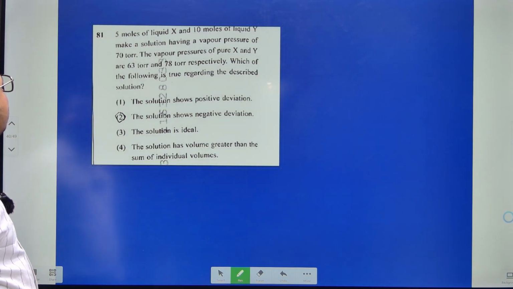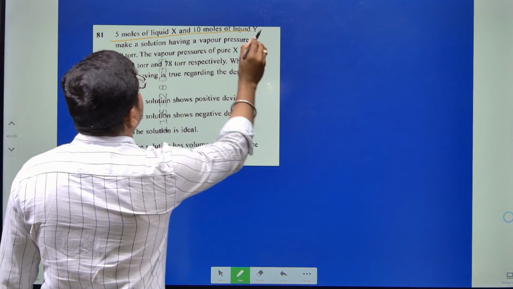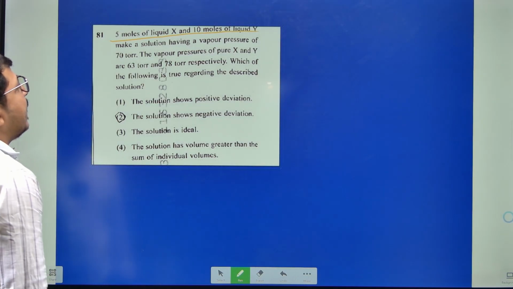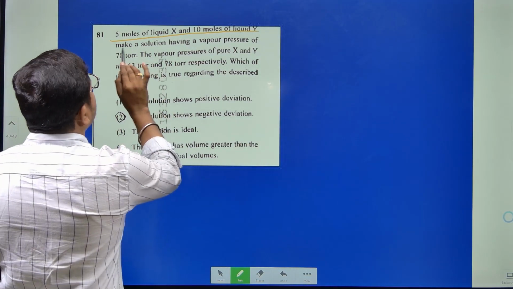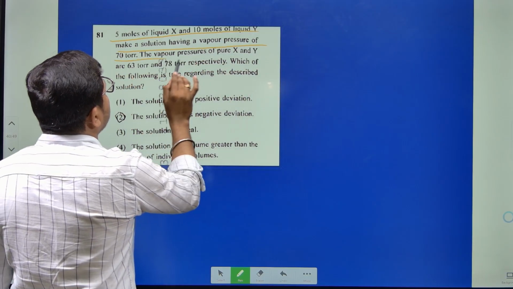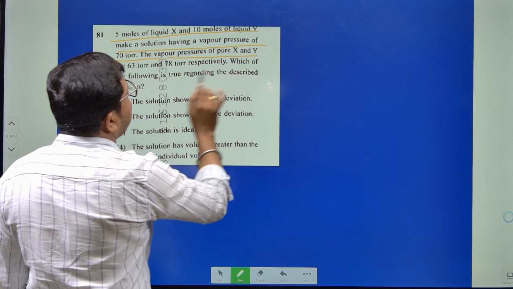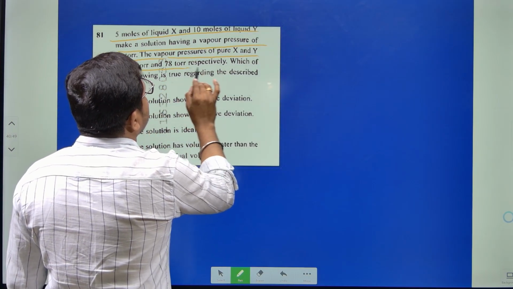Yes, next move to question number 81. Look here: 5 moles of liquid X and 10 moles of liquid Y make a solution having a vapor pressure of 70 torr. The vapor pressures of pure X and Y are 63 torr and 78 torr respectively.